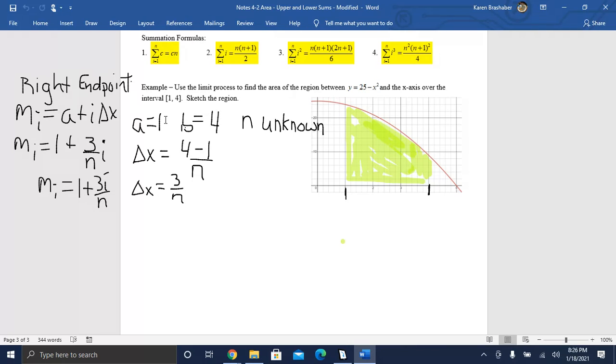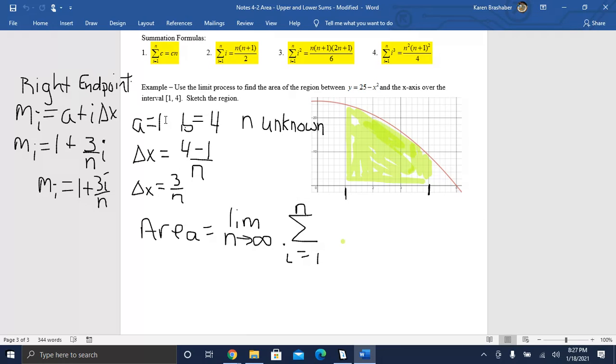All right, so we are going to do the summation process, finding your area. Now this time, instead of starting right off with the summation, we're doing the limit as n approaches infinity. So the limit as n approaches infinity. Then we'll do our summation symbol. So we're doing the sum from I equals 1 to n.